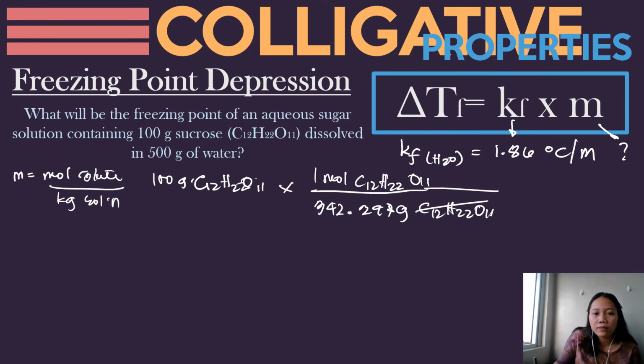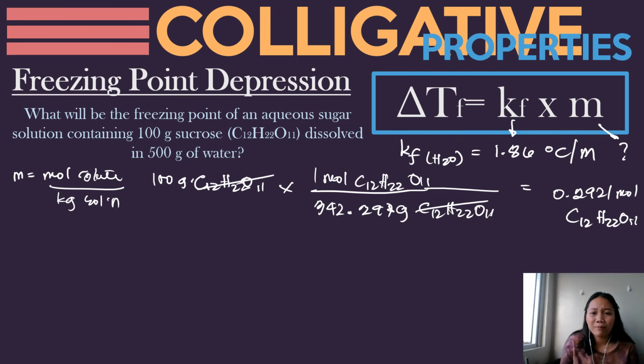Then cancel out the grams. Then you have now the number of moles, 0.2921 mole of C12H22O11. This is the same calculation as the previous one. Okay, so medyo mabilis ako.